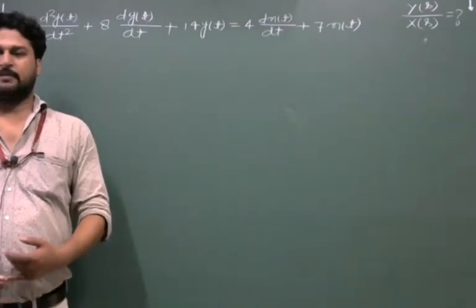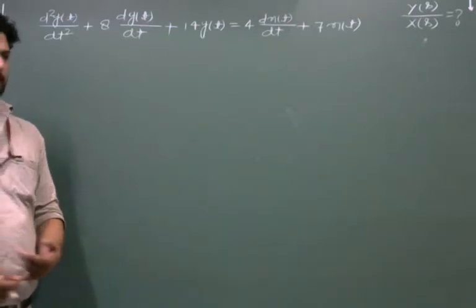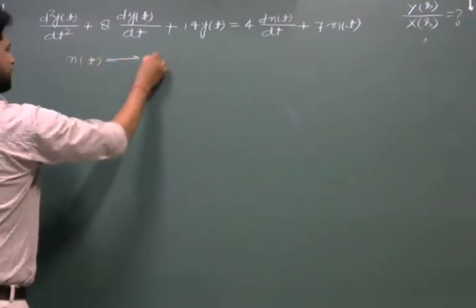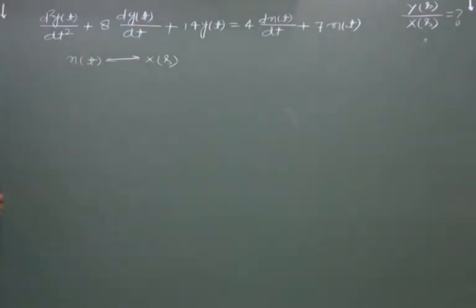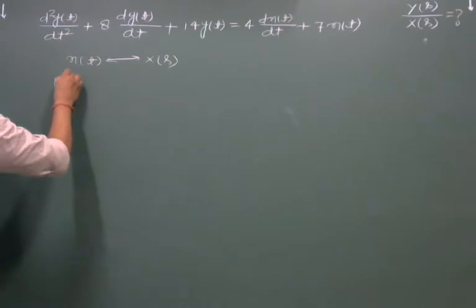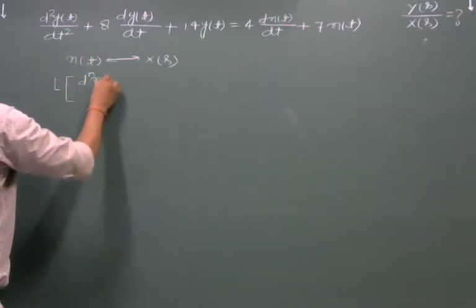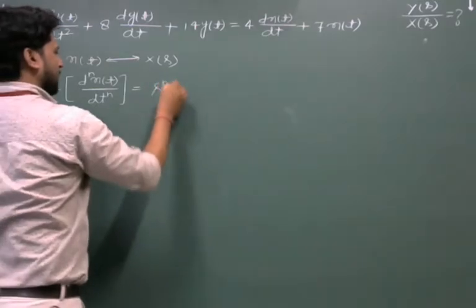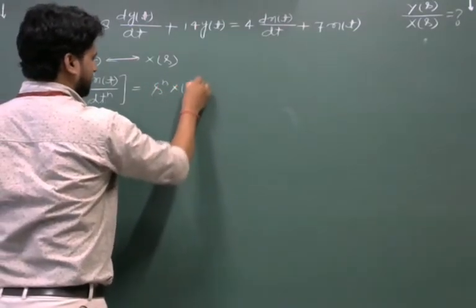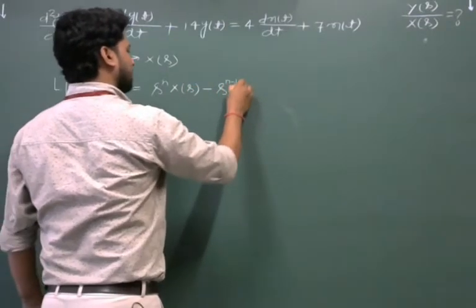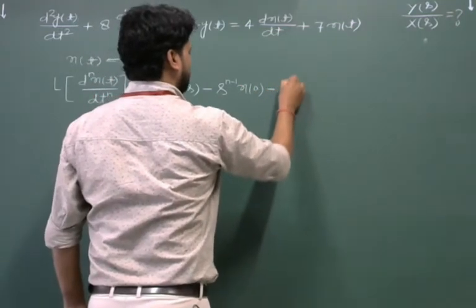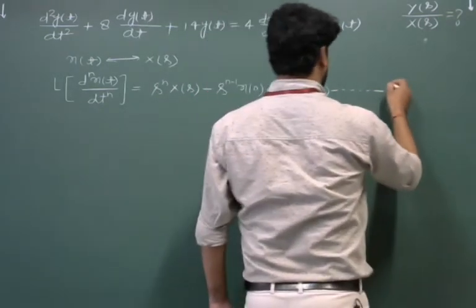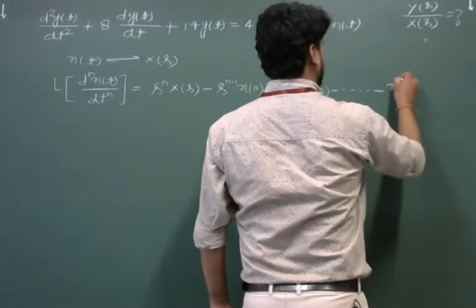For that purpose we will use the time differentiation property of the Laplace transform, which states that if the Laplace transform of x(t) is X(s), then the Laplace transform of the n-th derivative of x(t) will be equal to s^n X(s) minus s^(n-1) x(0) minus s^(n-2) x'(0) minus ... minus s^0 x^(n-1)(0).